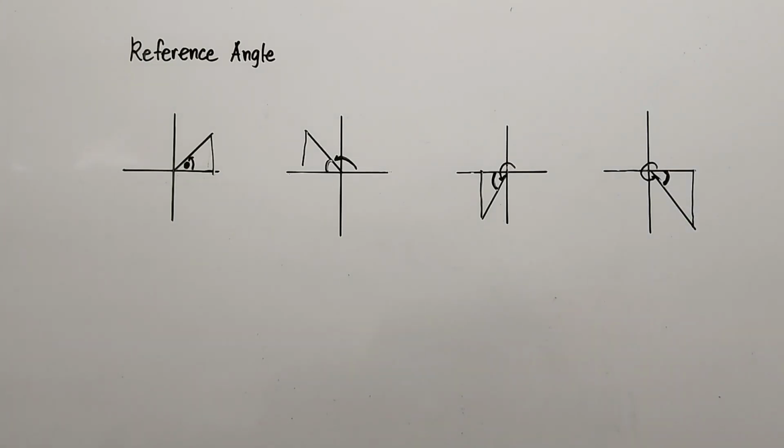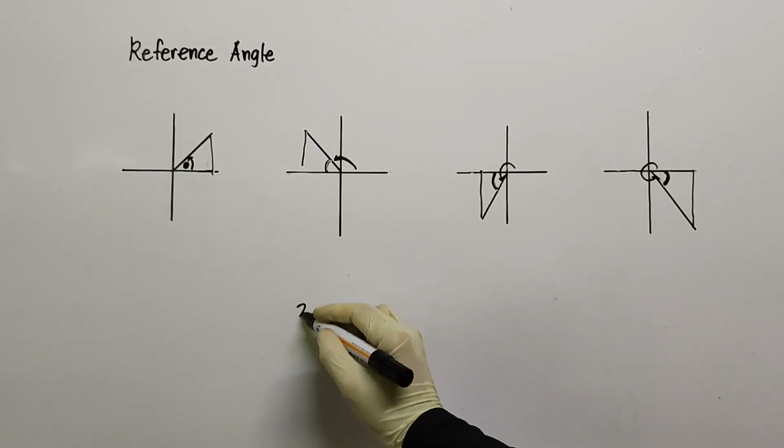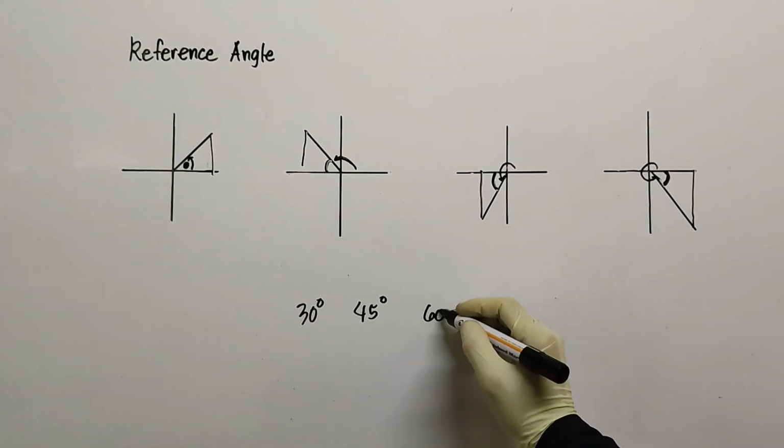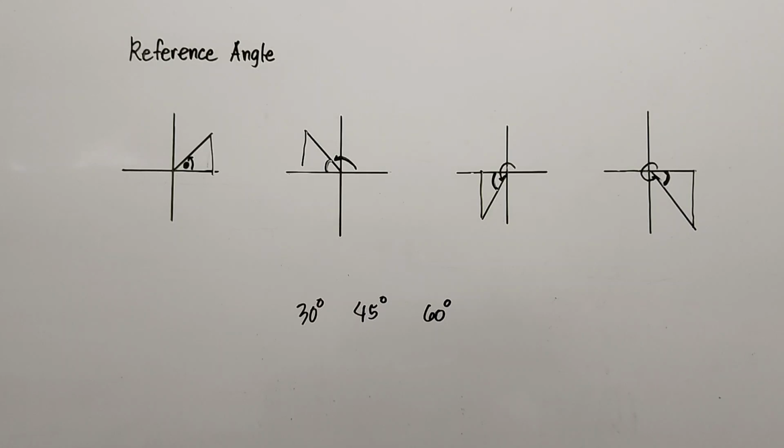So the reference angle is the acute angle between the terminal side of the angle and the x-axis. In a circular function, the most common reference angles are the following: 30 degrees, 45 degrees, and 60 degrees.